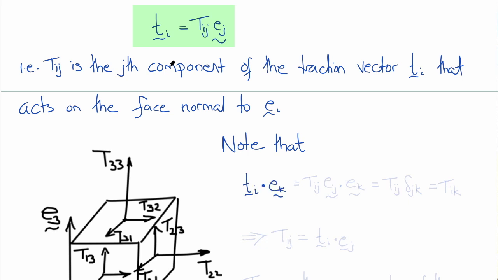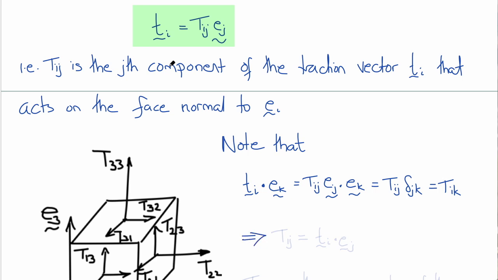And then e_j dot e_k would be delta_jk, 1 when j equals k and 0 otherwise. So that would turn the j into a k, which would therefore be T_ik, which says that we can write T_ij as equal to T_i dot e_j.